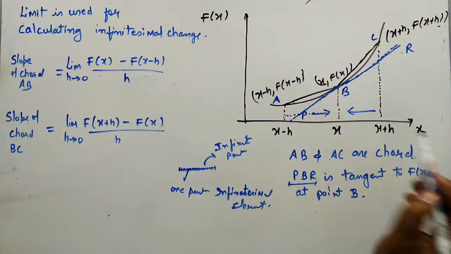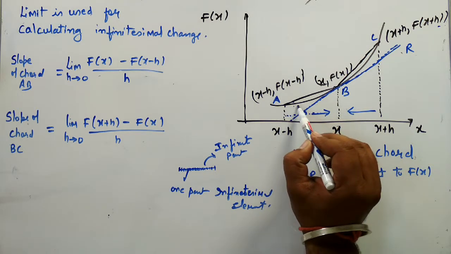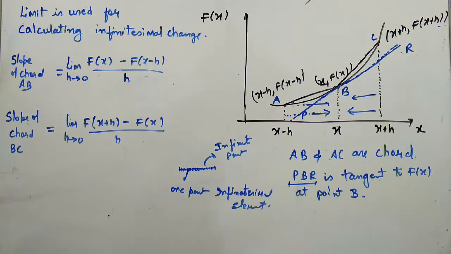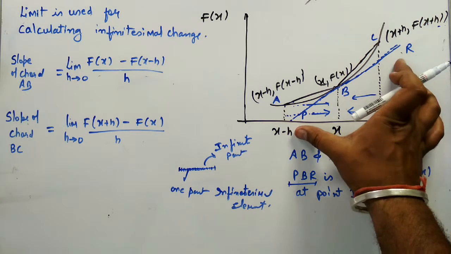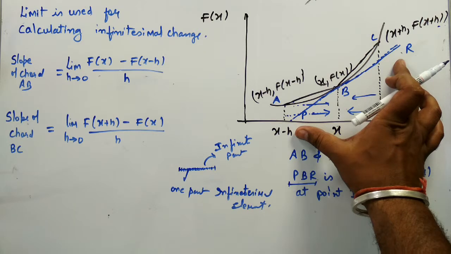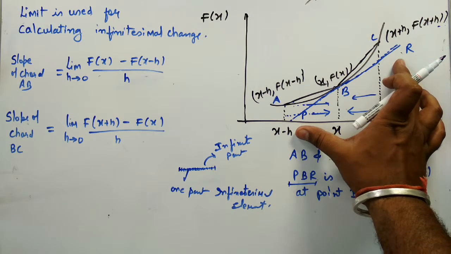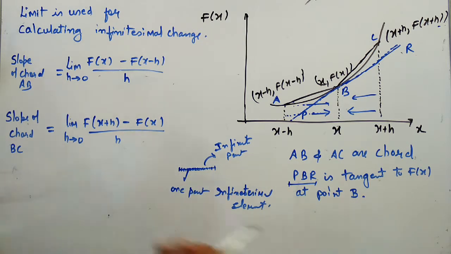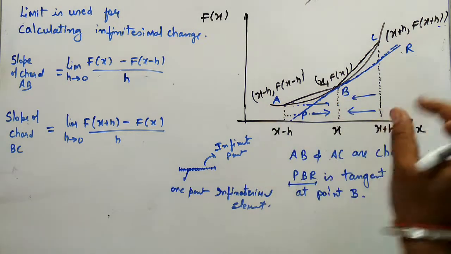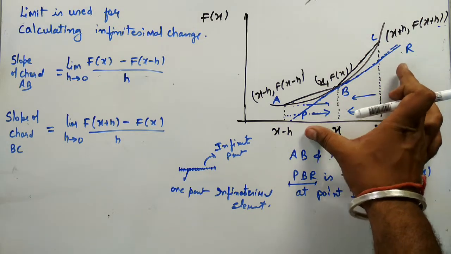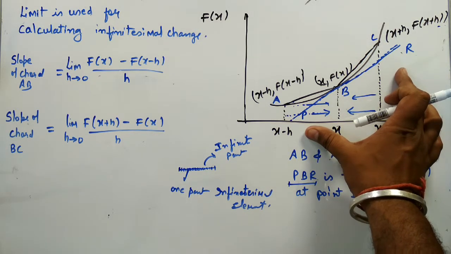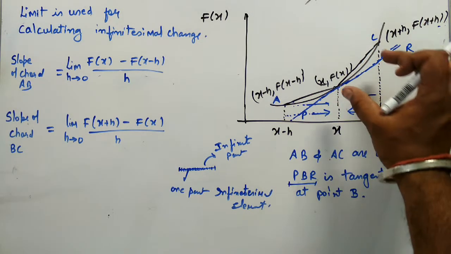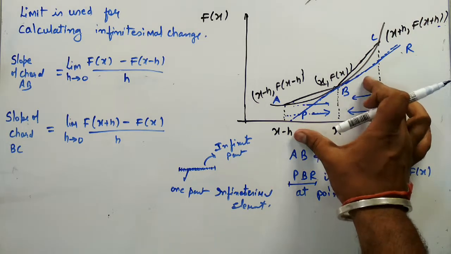So this AB and this BC will represent the slope of this tangent PBR. If we take this limit, then this AB and this BC will be equal to this tangent, or we can say that the slope of AB and the slope of BC would be equal to the slope of PBR.